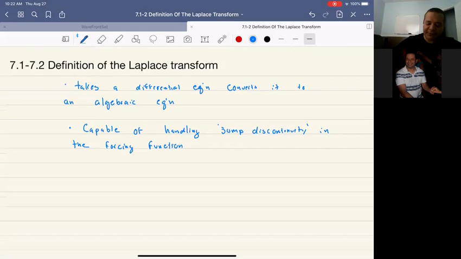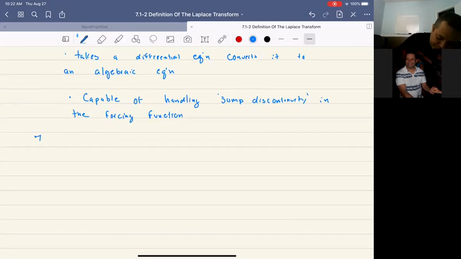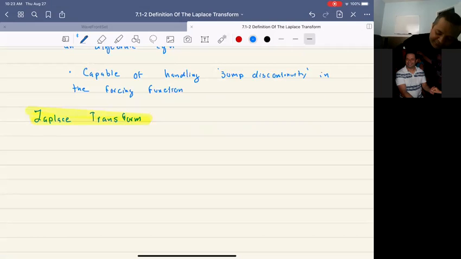So what is the Laplace transform? Most technically, L of f of s equals the integral from 0 to infinity of e to the negative st times f of t dt.